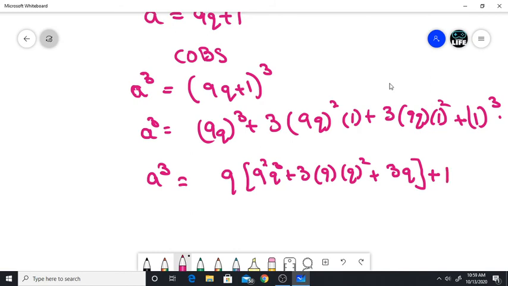Did you understand this? 9 cube is there, so I took 9, then it is 9 square q cube. Here 9 square is there, so I took 9, so it is 9 into q square. Here only 9 is there, I took it, so 3q. So a cube equals, take the full bracket as m. Then you get 9m plus 1.